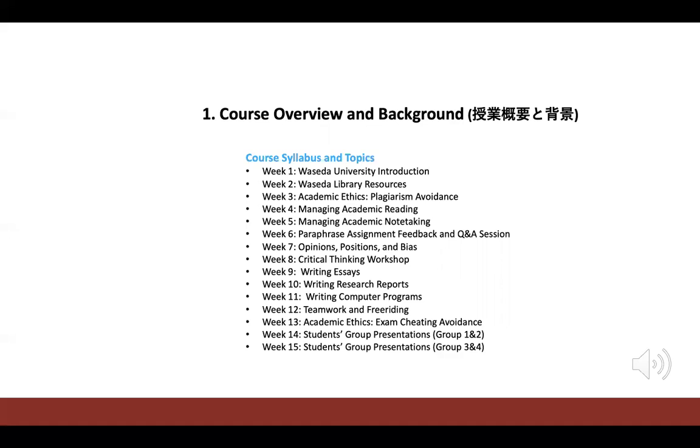Eighth, Critical Thinking Workshop. Ninth, Writing Essays. 10th, Writing Research Reports. 11th, Writing Computer Programs. 12th, Teamwork and Free Writing. 13th, Academic Ethics, Exam Cheating Avoidance. 14th, Students Group Presentation, Group 1 and 2. 15th, Students Group Presentation, Group 3 and 4.